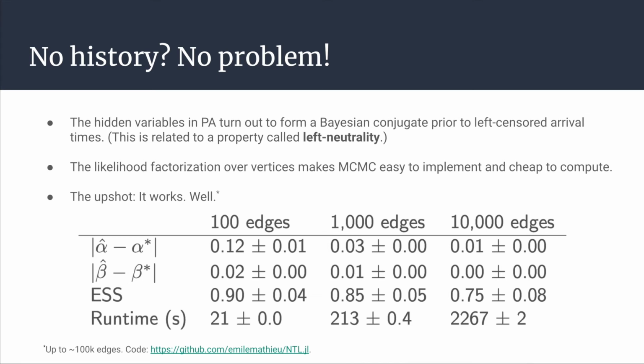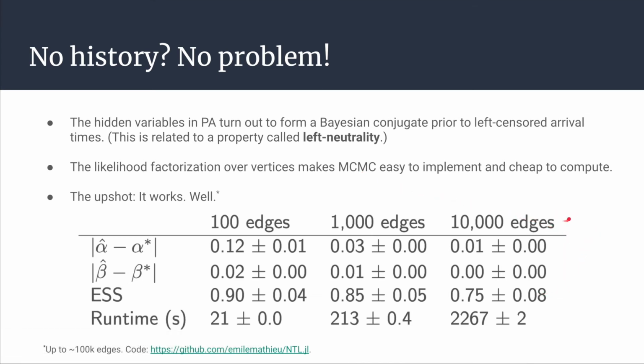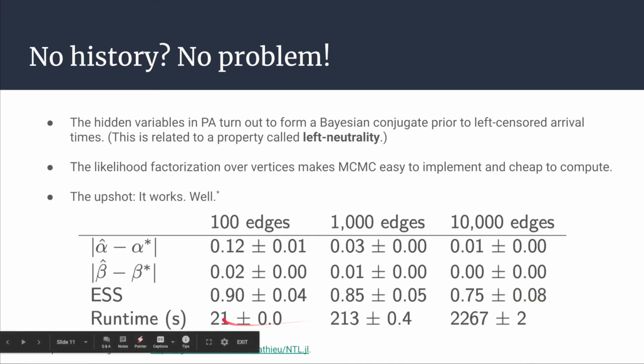Okay, so this table just summarizes a simulation study where we generated networks of different sizes from the model, and then estimated the parameters using Gibbs sampling, and you can see that as the network grows, we get more and more accurate parameter estimation, and our statistical performance in terms of effective sample size doesn't decrease too much.